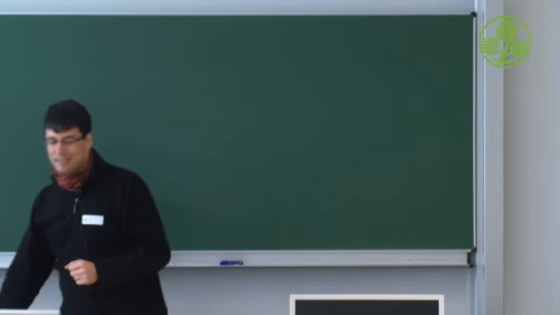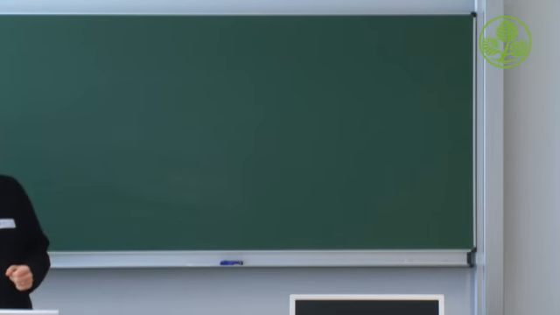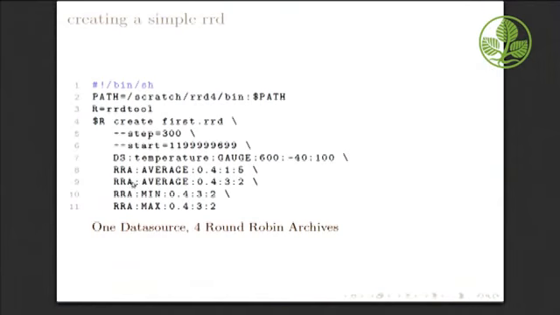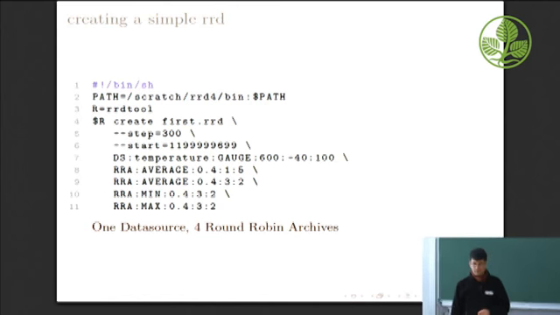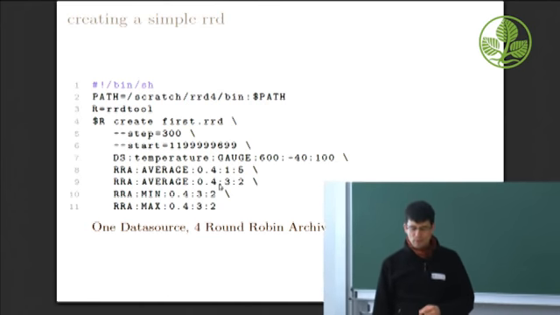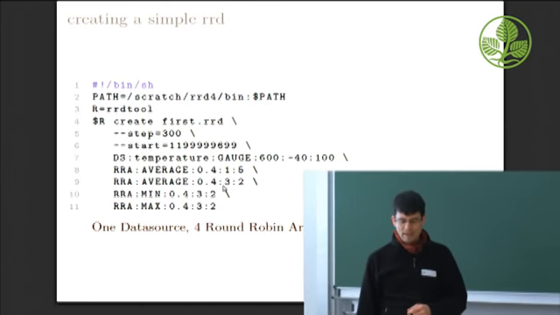And you're doing that by creating those round-robin archives. So my first guy here actually stores every sample. Every 300 seconds, it stores one sample in its archive. The second archive stores one sample every 3 samples.